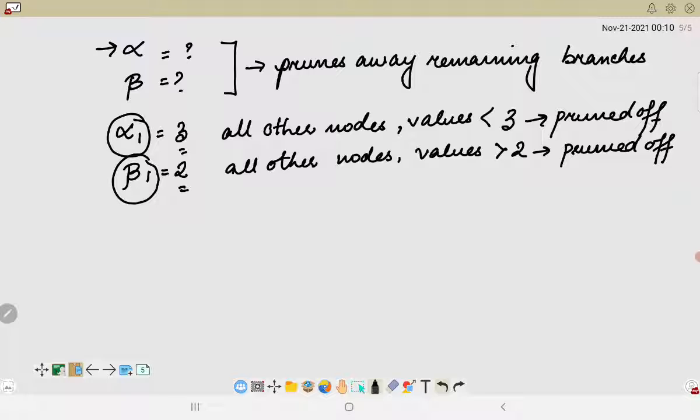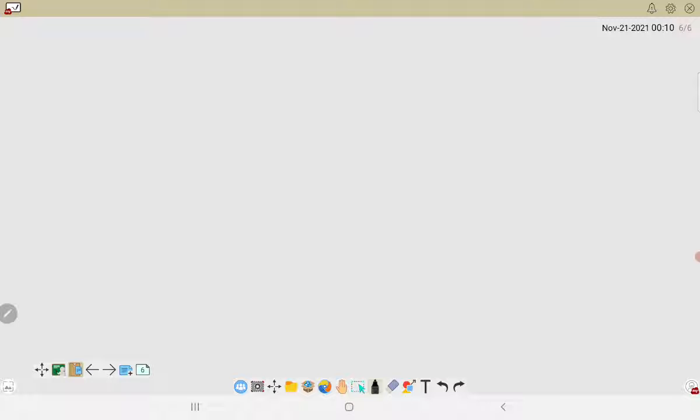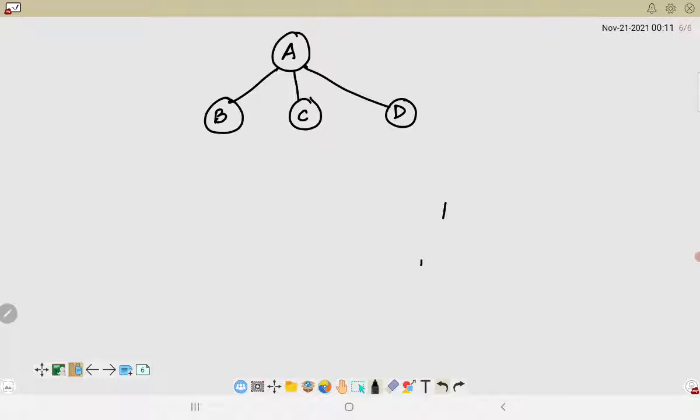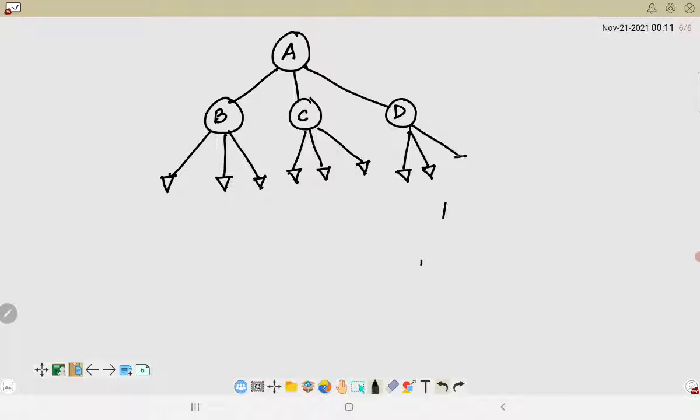Now let us consider a small example, that means a small game tree. Suppose I have A, then we have B, then C, then D, and here let us consider the utility values as B1, B2 and B3, similarly C1, C2 and C3, and similarly D1, D2 and D3.